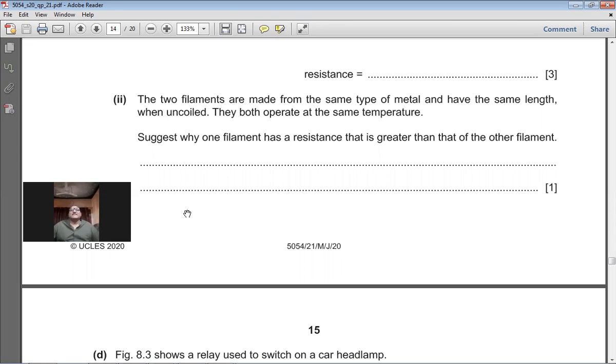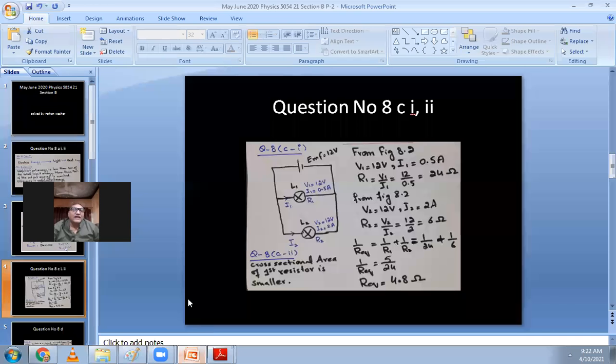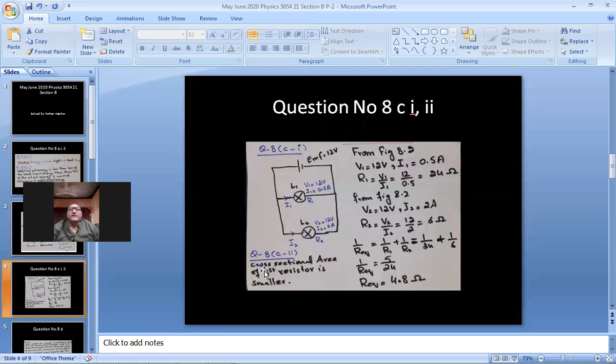Or you can say the second one, whose resistance is 6 ohm, its cross-sectional area is larger. That's why it has less resistance. So let's check the marking scheme. I have written this answer. Let me show you. Here I have written the answer. Cross-sectional area of the first resistor is smaller. That's why it has higher resistance.